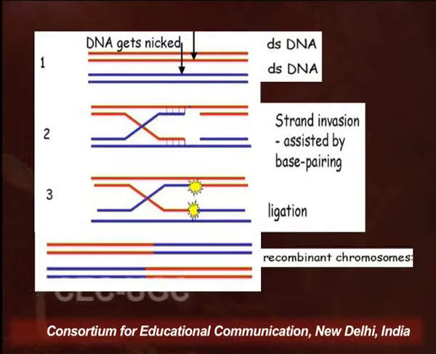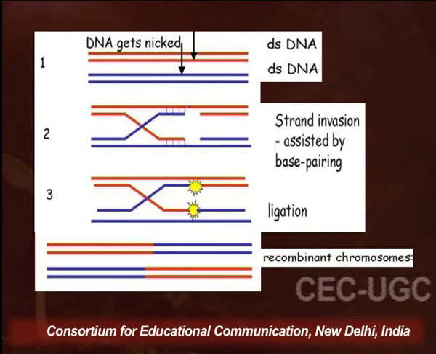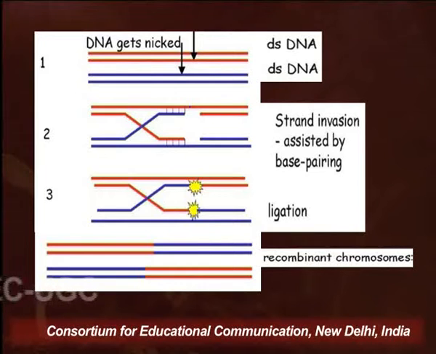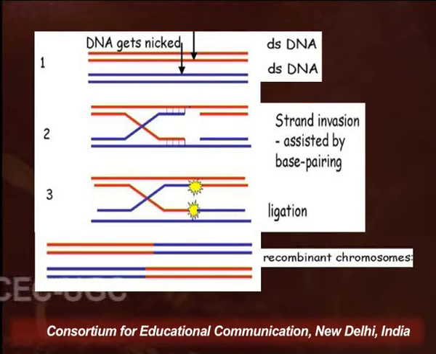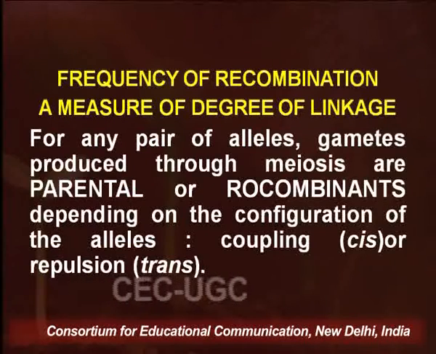Once the base pairing or crossing over had taken place, then comes the time of repairing. So it was a cut and paste phenomenon, as we had discussed in some of our earlier lectures. So after ligation, now recombinant chromosomes would come into existence.